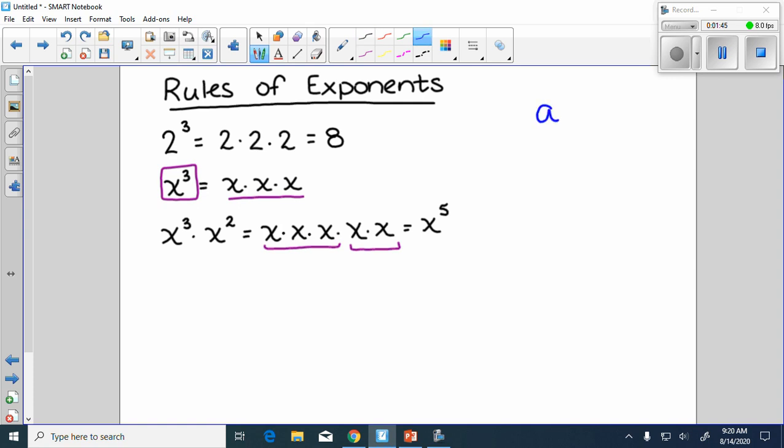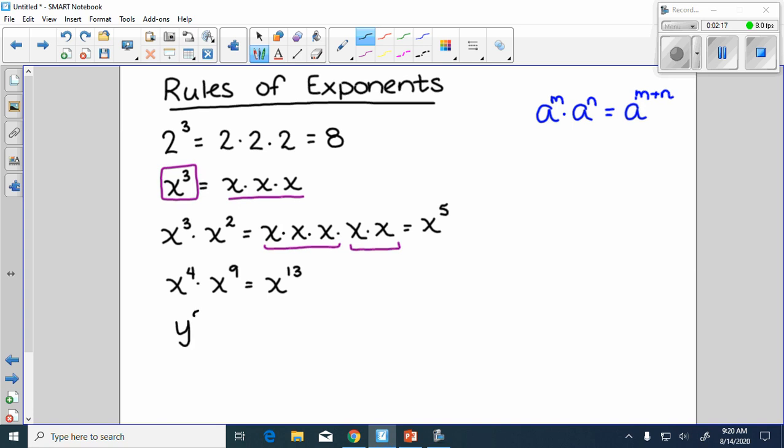When our bases are the same, and we're multiplying two terms or expressions together that have the same base, then notice what we did there with the 2 and the 3 to get the 5. We added them together. Meaning if we have x to the 4th times x to the 9th, we can add 4 plus 9 and get x to the 13th.